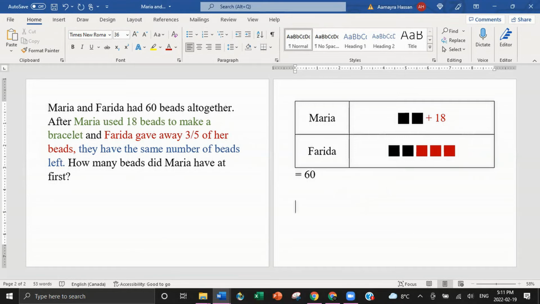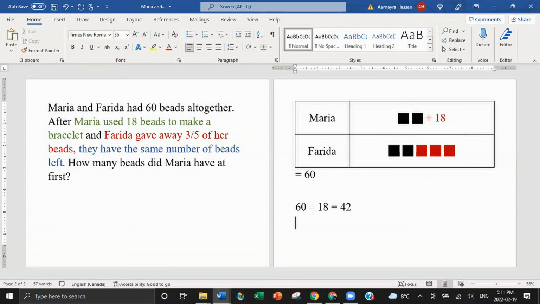So for 60 beads, we have 7 squares and 18 beads. So first what we're going to do is 60 minus 18, which is going to be 42.